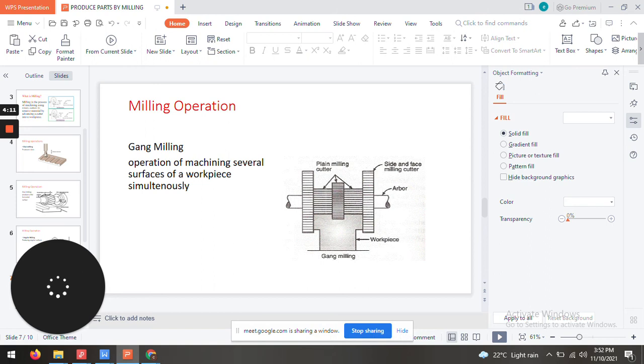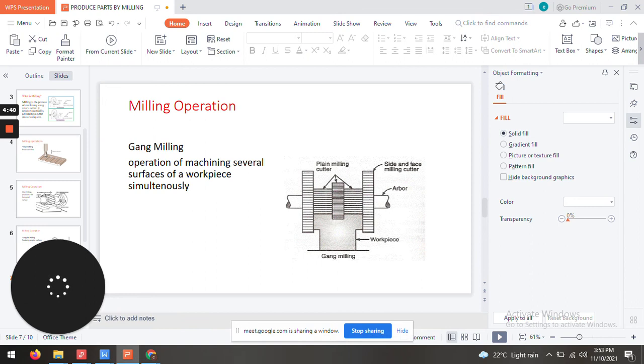Next, we have gang milling. In gang milling, you are doing operations whereby you remove materials simultaneously. So it's like you're combining the plane milling and the side milling. As you can see on the right hand side, you can see a picture of the gang milling.